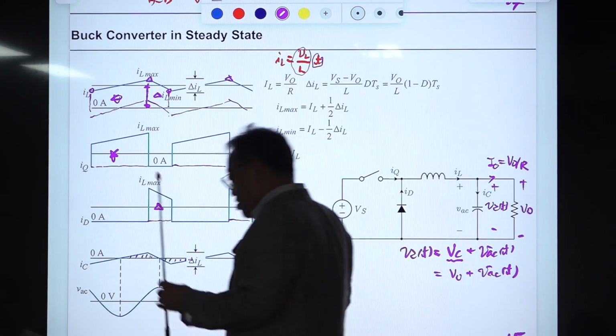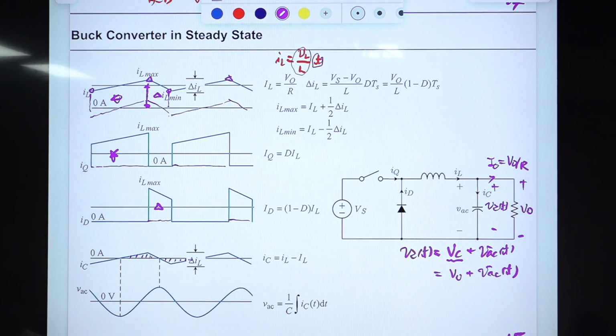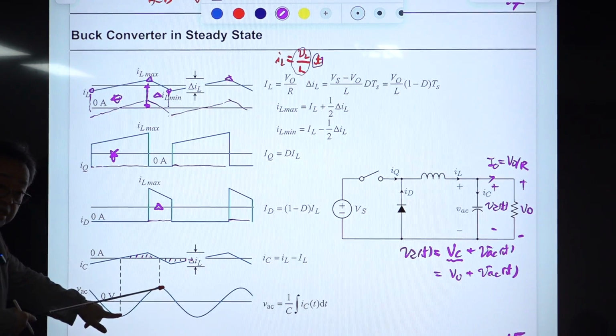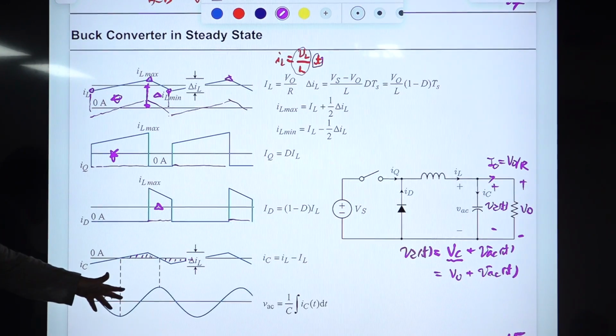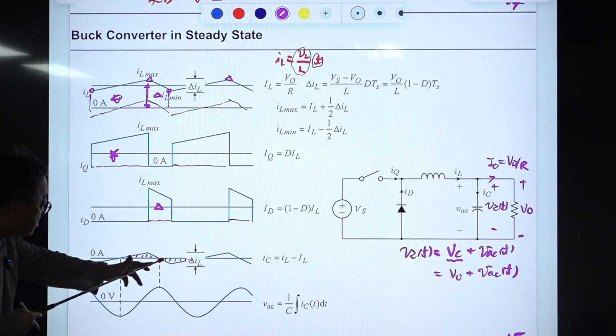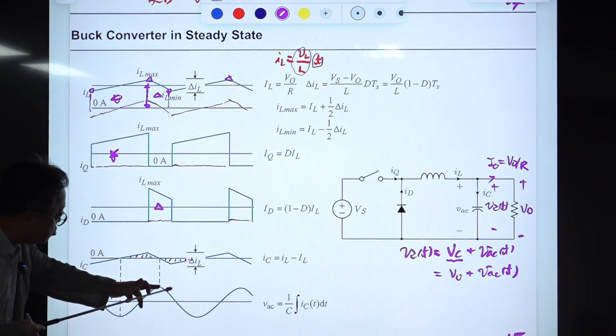So when this is positive, this voltage is increasing. This is the minimum value of this VAC, and during this period in which IC is positive, it is increasing. This is not exactly sinusoidal. I don't know, I just sketched it. Okay. And when this is negative, it goes down.